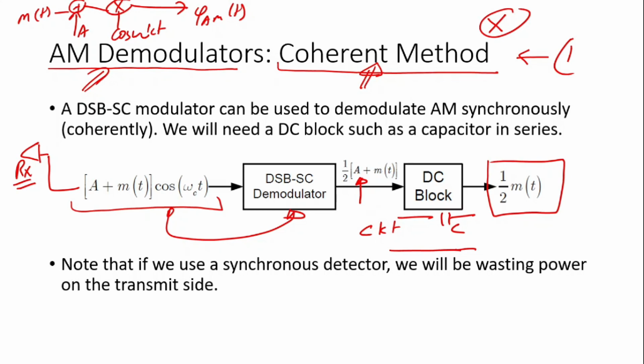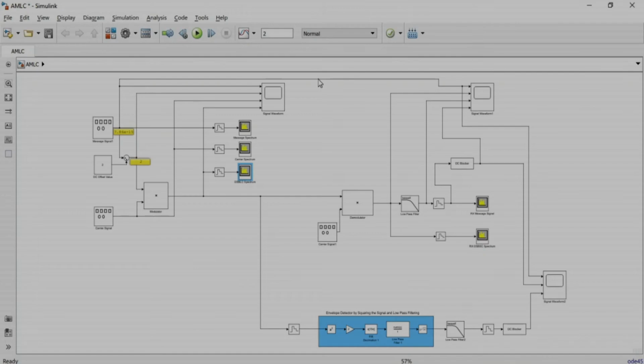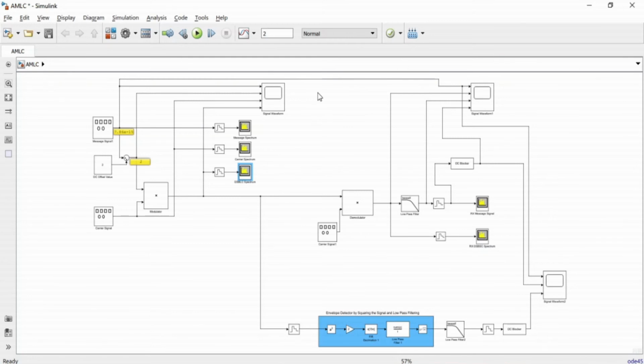Let us now look into the simulation of this coherent demodulation. The coherent demodulation is represented over here, where this is our modulated signal, that is phi AM of t, and this is basically received at the receiver side.